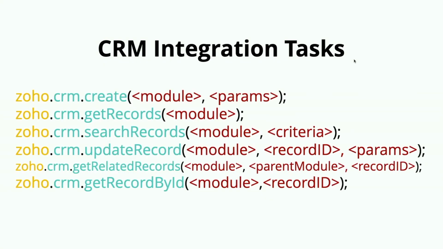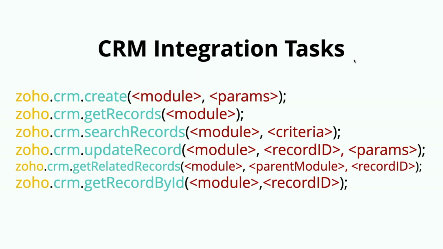So here's a list of a bunch of the CRM integration tasks. I could write zoho.crm.create, and you'll see that each one of these has its own documentation that goes with it. If I want to create a record in Zoho CRM, I have to say a module, so is it a lead, is it a contact, is it a deal? Then I have to say parameters, and there will be a certain structure to how the API accepts that information.